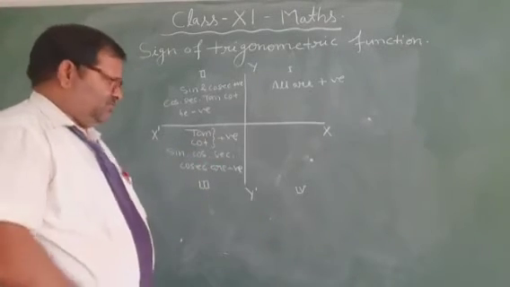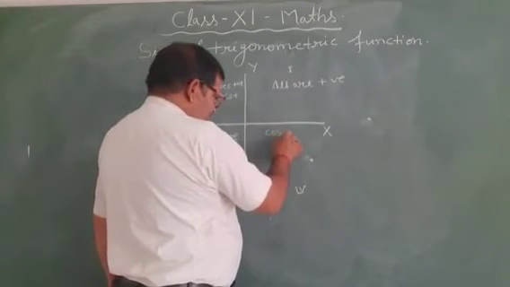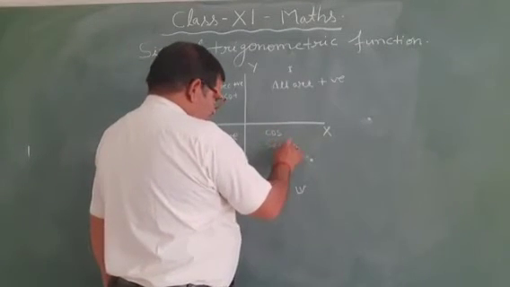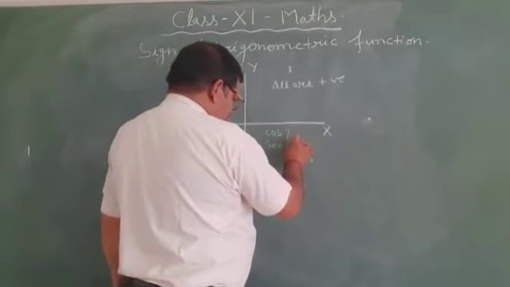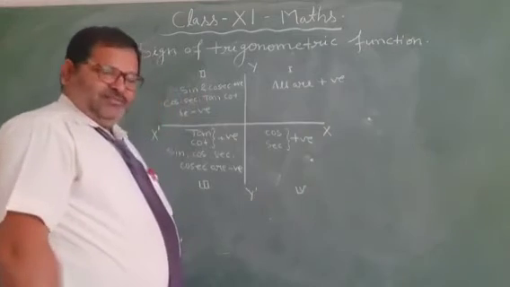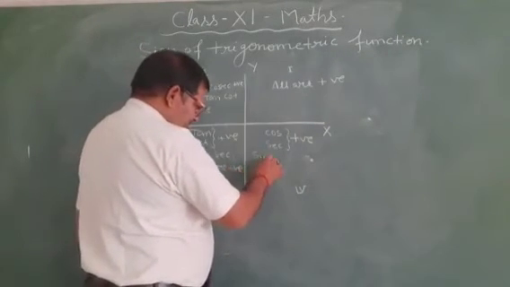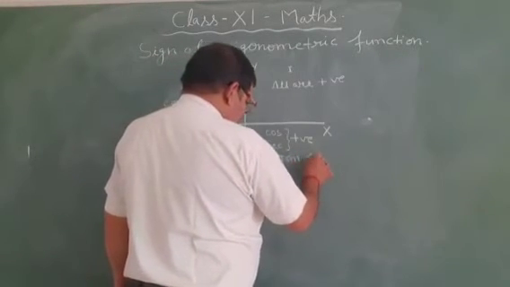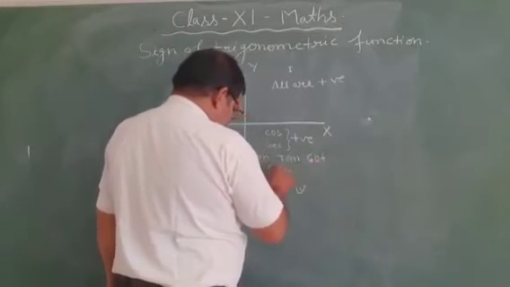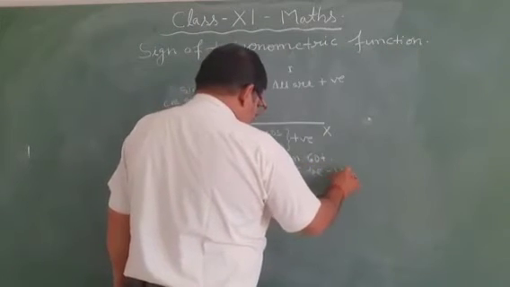And now in the fourth quadrant, cos and sec be positive, and the rest, sin, tan, cot and cosec, be negative.